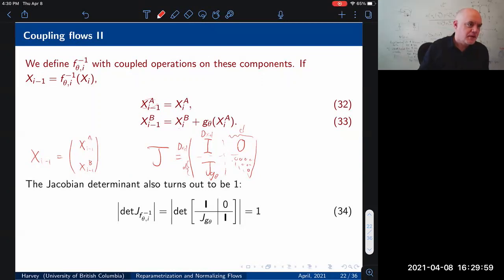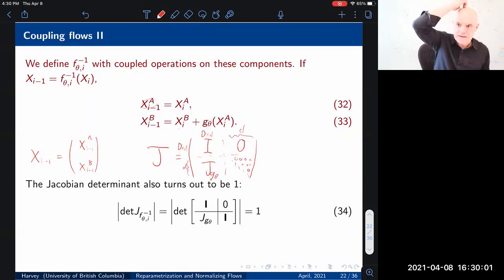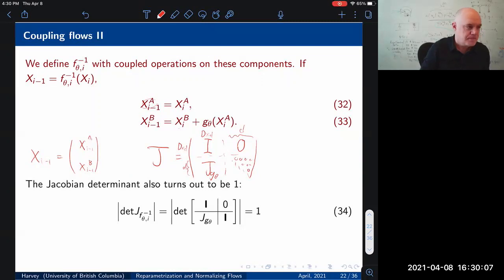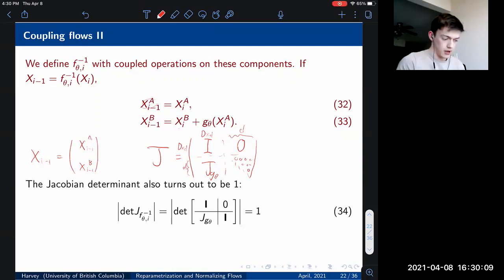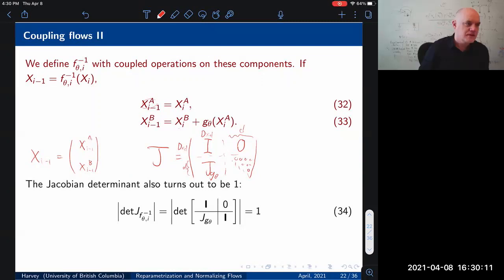Okay, but this comes back to my question of, does little d have to be less than big D over 2? Otherwise, you can't put identity matrices in these diagonals, right?